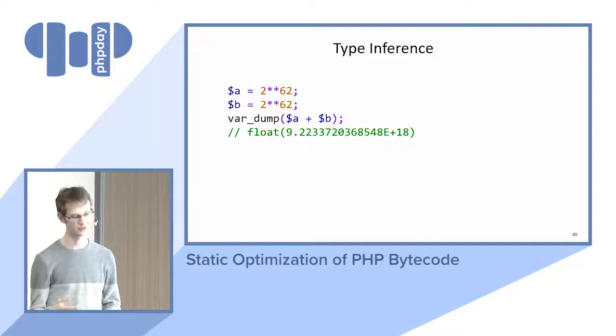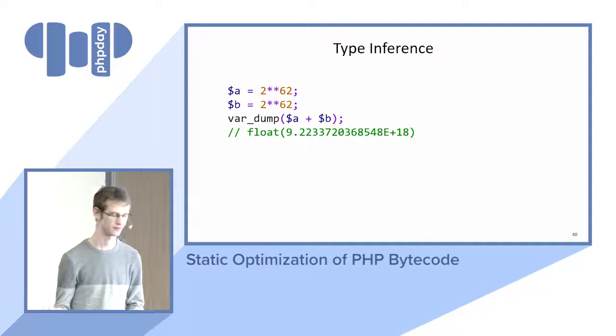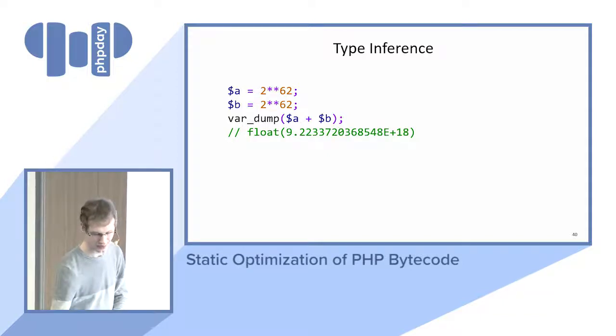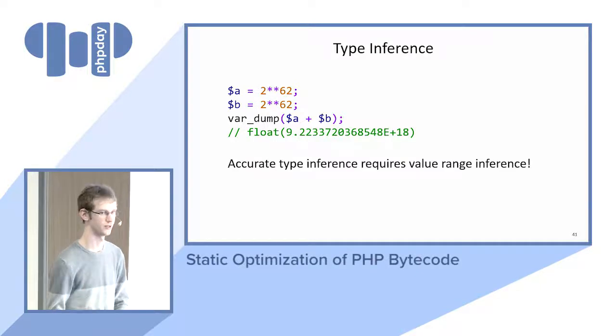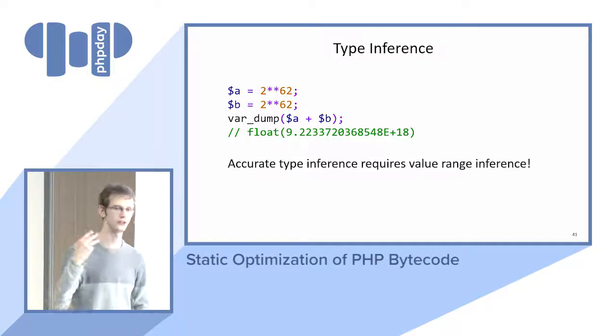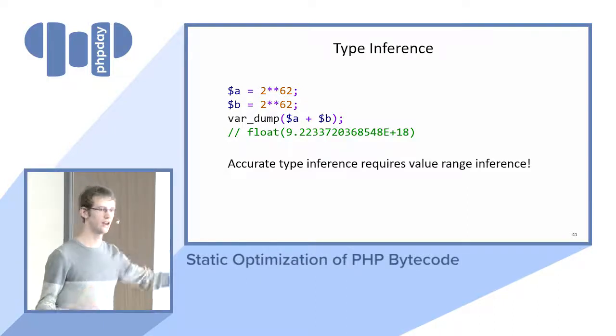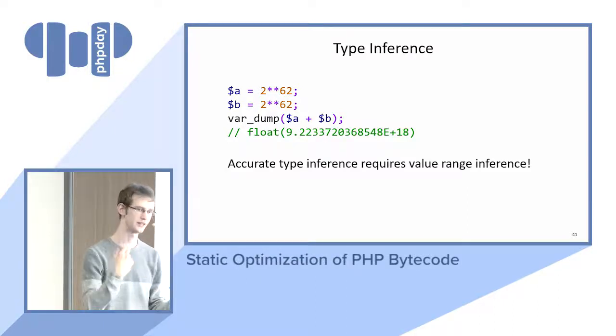And that really reduces the quality of the results. So instead, in addition to the main type inference, we also have to perform value range inference. So we actually have to determine that, okay, the variables a and b are actually small enough that this cannot happen.